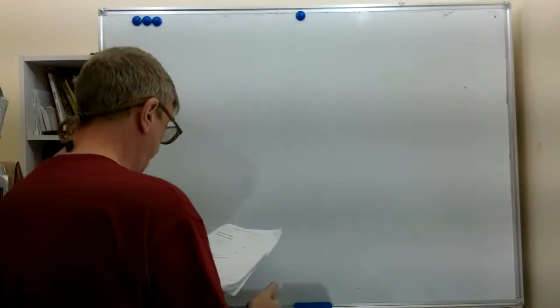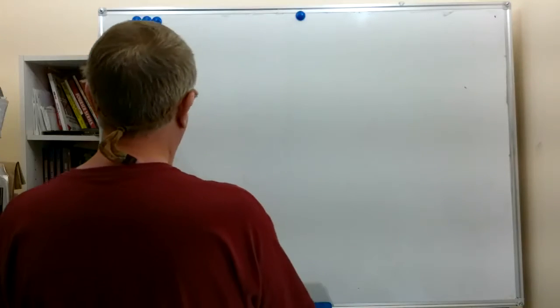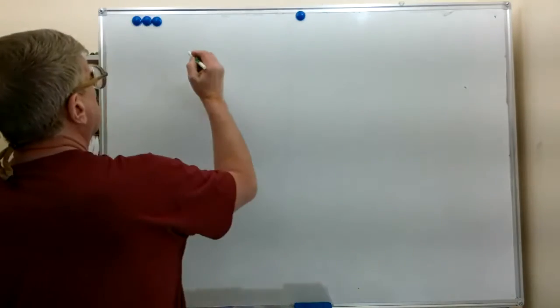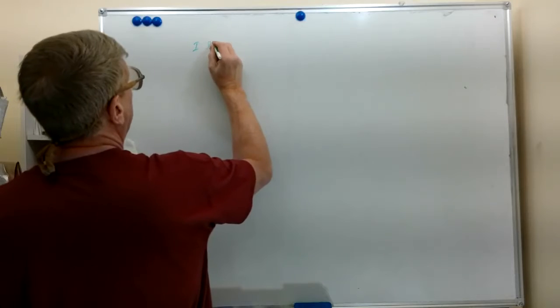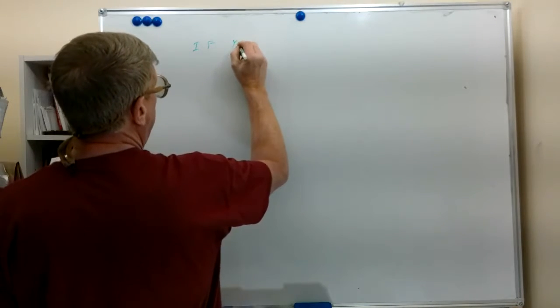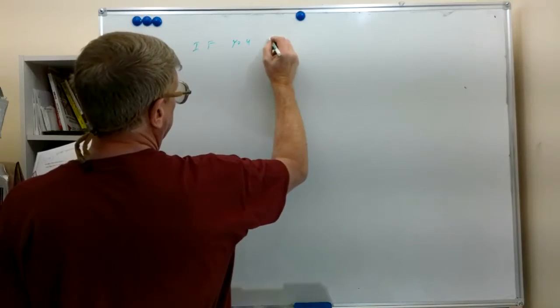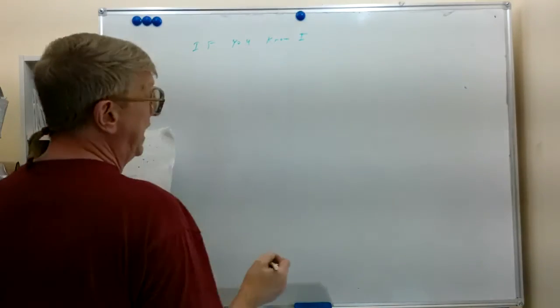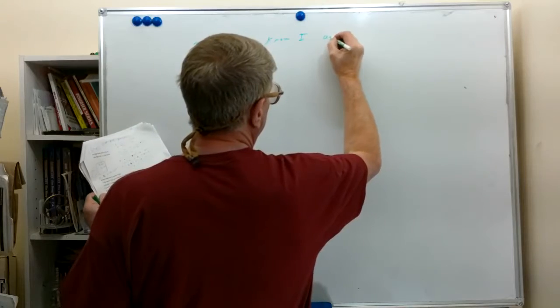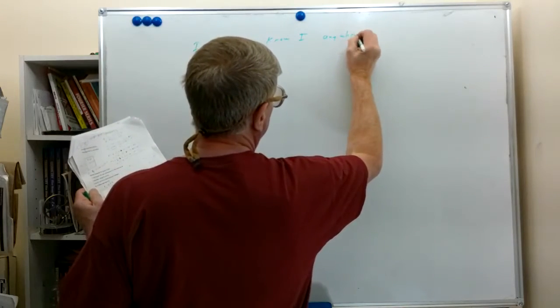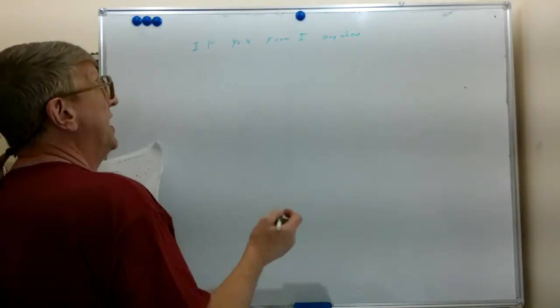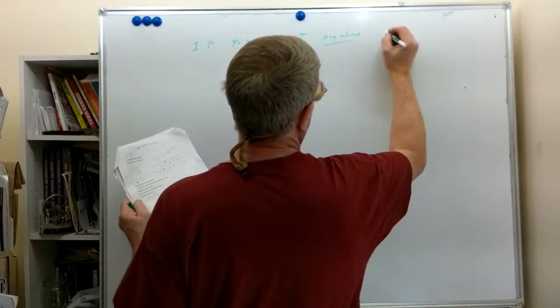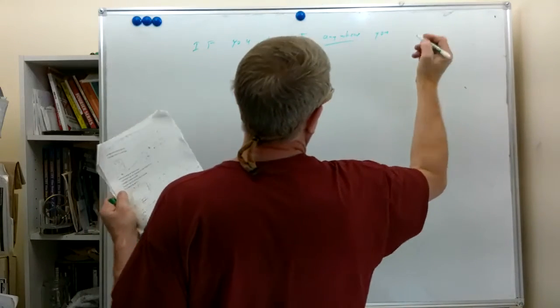Well, first thing you want to think about is, if you know I anywhere, you know I everywhere in a series circuit or a loop.